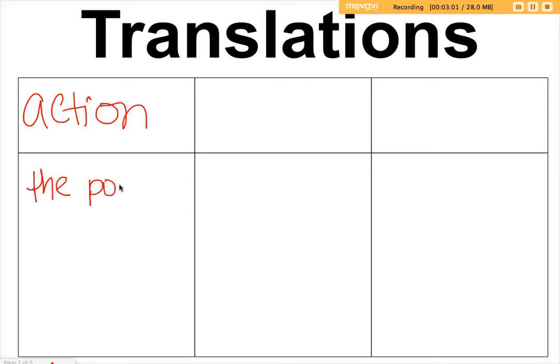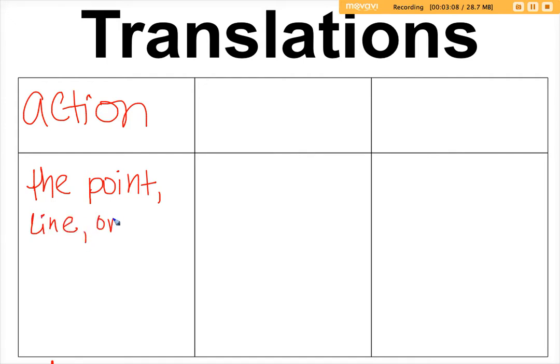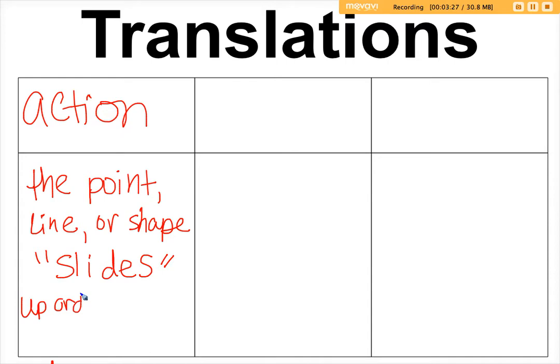Okay, so the point, line, or shape slides. So with a translation, we're looking at a slide, a movement. It'll move up and down or left and right. So it's going to move up or down, left or right.